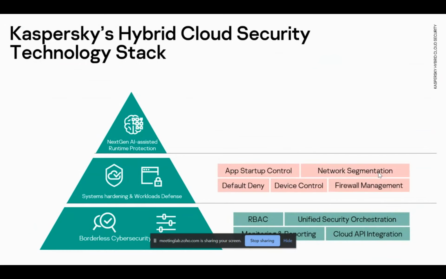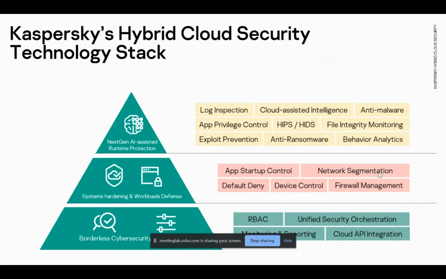Here we have borderless cybersecurity orchestration with role-based access management, unified security orchestration, centralized monitoring and reporting, cloud API integration, and system hardening features like application control. Default deny, that is, all applications are blocked until and unless allowed. We have device control, network segmentation, firewall management, and next generation antivirus with artificial intelligence and machine learning.